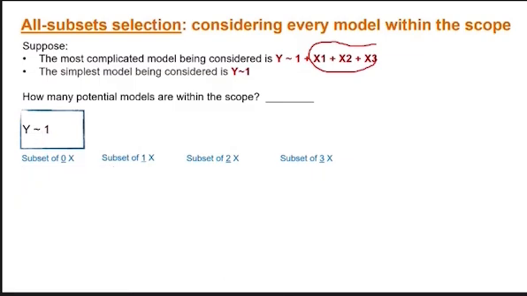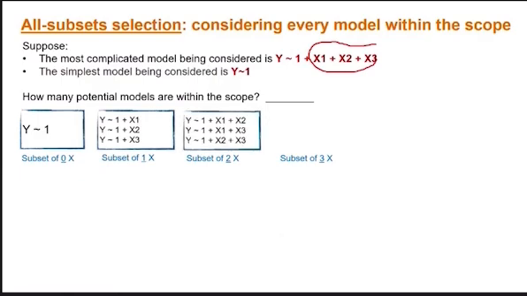The next one is when I use one predictor at a time. How many do I have? 3 here. Another one is when I use 2 predictors at a time. And the last one is when I use 3 predictors. Let us count the number of models now. 1, 2, 3, 4, 5, 6, 7, 8.